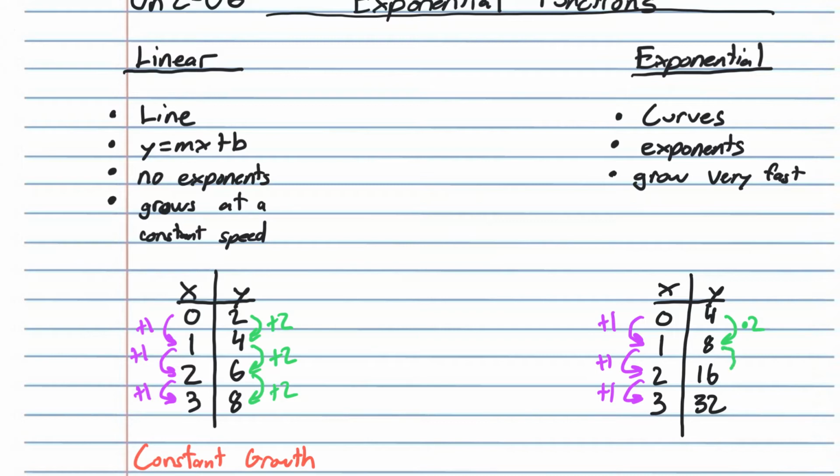Going from 8 to 16, multiply by 2. 16 to 32, multiply by 2. So as you can see, the numbers are getting larger a lot faster. Even though on the inputs, the x's, we did the same thing, the outputs, the y's, got a lot larger. So that's what's referred to as exponential growth.